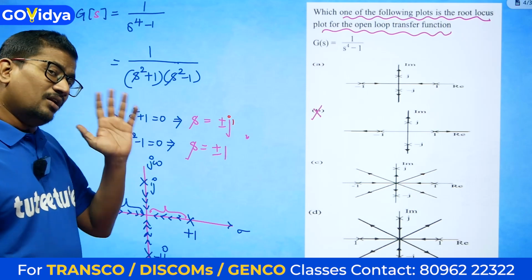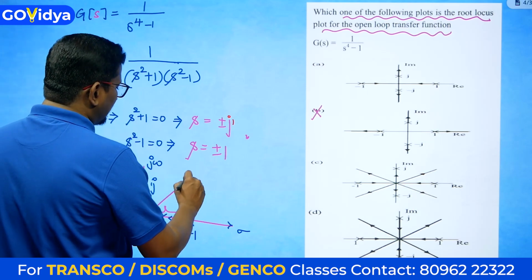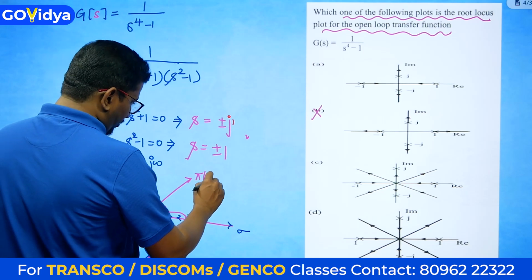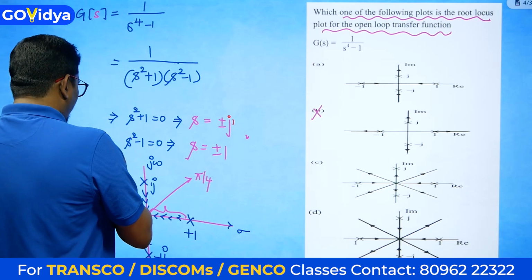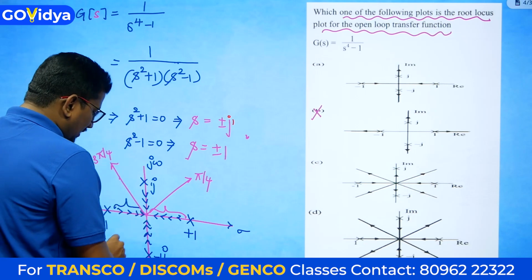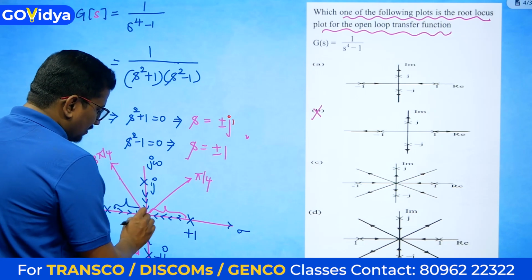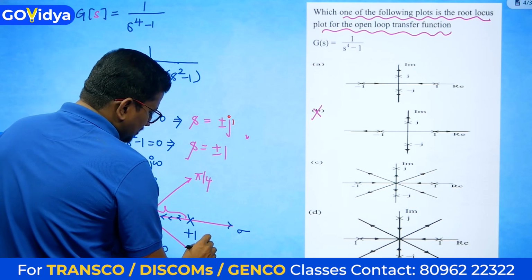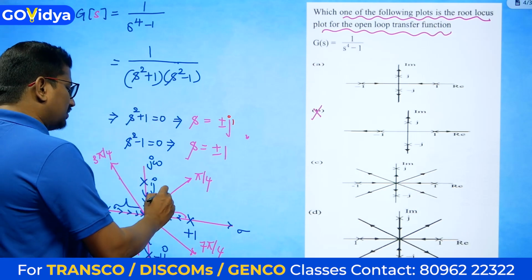But what is the angle of asymptotes? One is at pi by 4. Pi by 4 means, can I say this direction? Another one is 3 pi by 4. Another angle is 5 pi by 4. Another angle is 7 pi by 4. These are the angles we got. Now poles will go in this direction only.